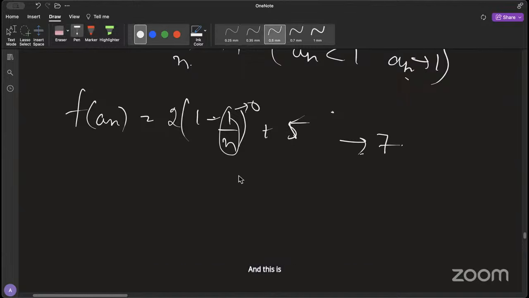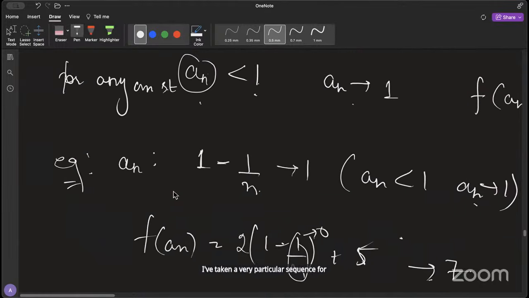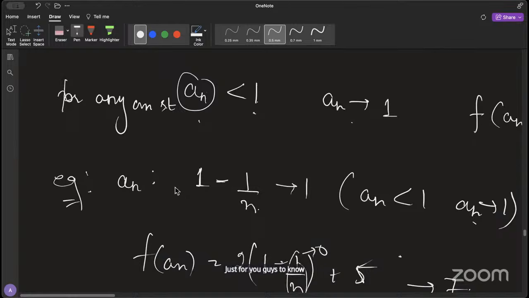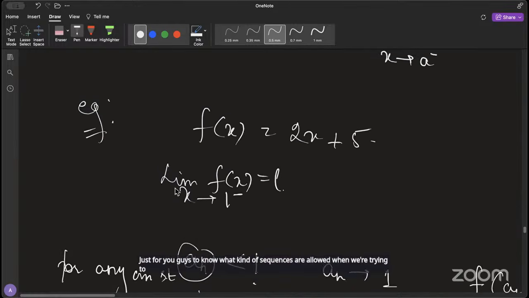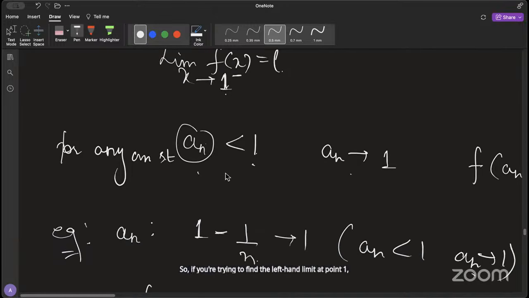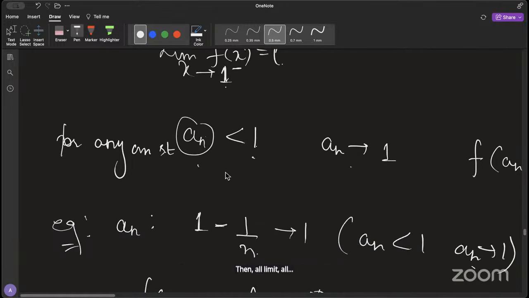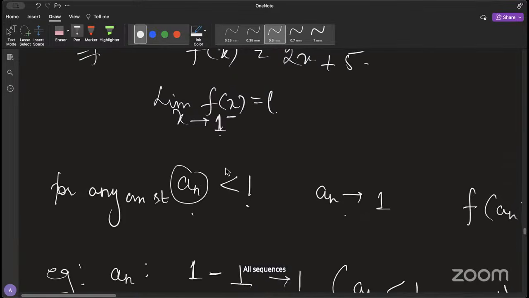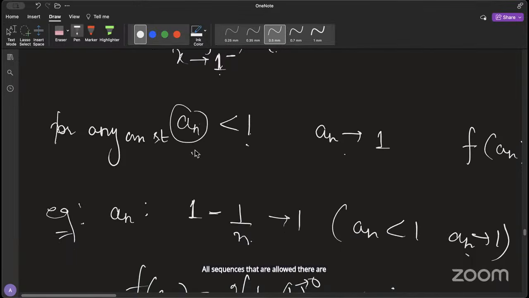And this is true for all such sequences. I've taken a very particular sequence just so you know what kind of sequences are allowed when we're trying to find the left-hand limit. If you're finding the left-hand limit at point 1, then all the allowed sequences are a_n such that a_n is less than 1 and a_n tends to 1.